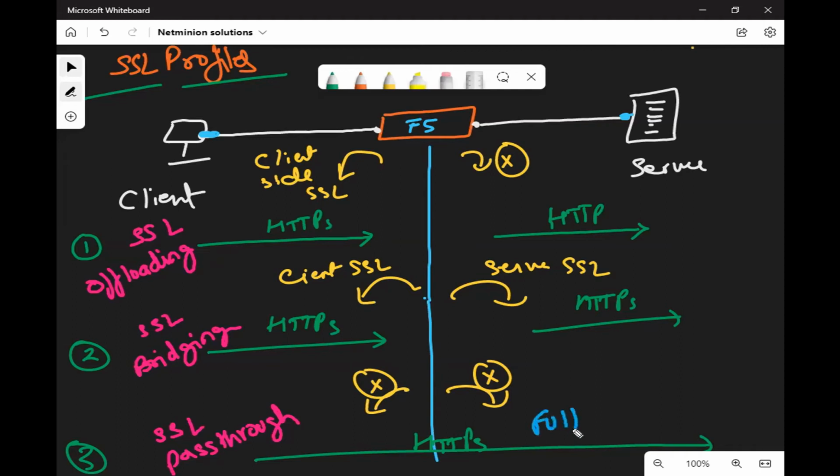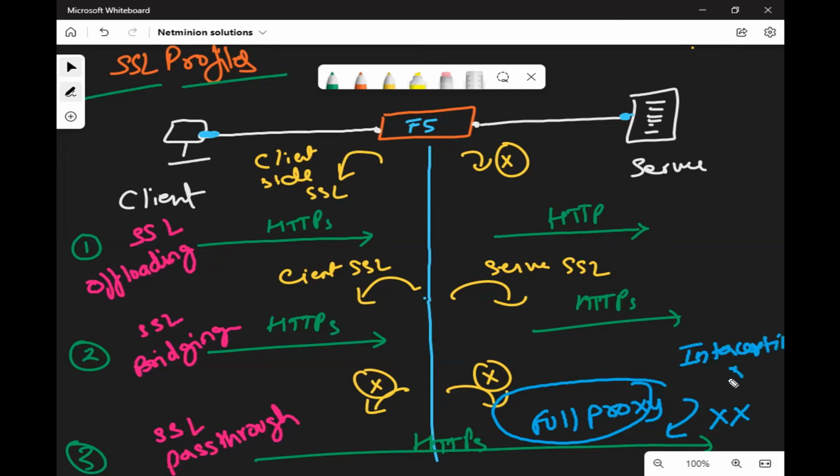This thing is what I was talking about. It is not full proxy. It's not intercepting the traffic.